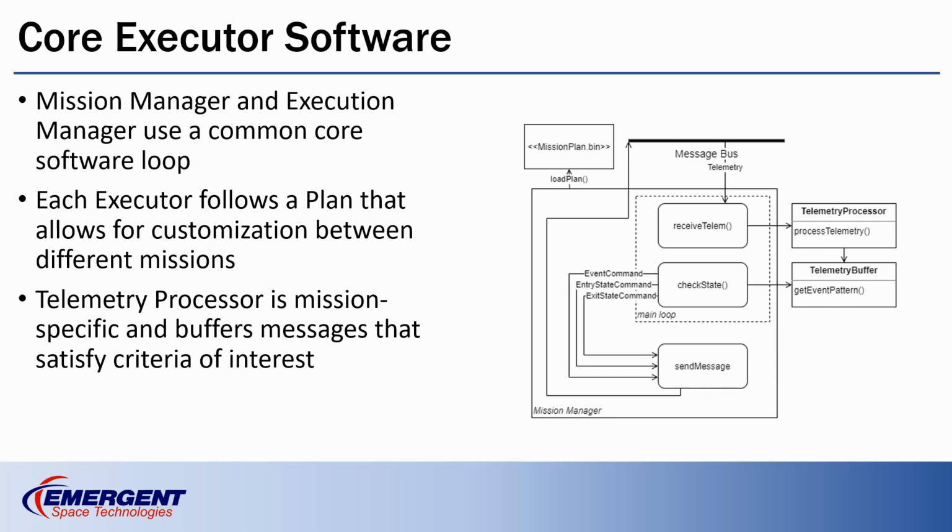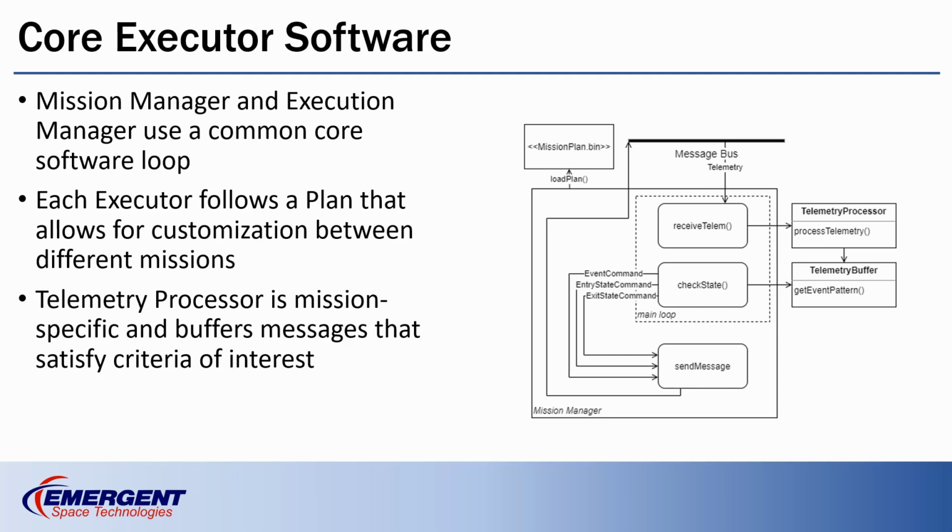The telemetry processor object is customized for each mission, and it buffers messages that satisfy some particular criteria of interest. For example, you might buffer messages that indicate the spacecraft has entered into a particular set of navigation coordinates. The check state function then accesses the buffer during its call, and if it finds that an event has been buffered, it executes an associated state transition by sending any commands that need to be sent to the software bus.